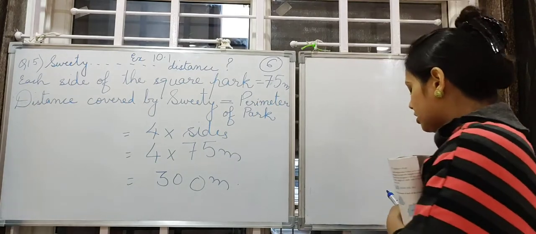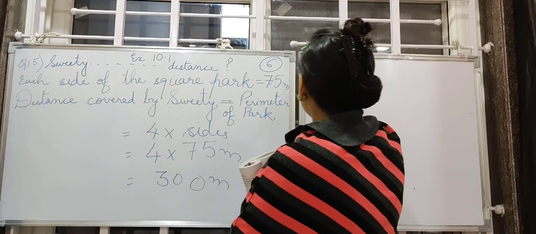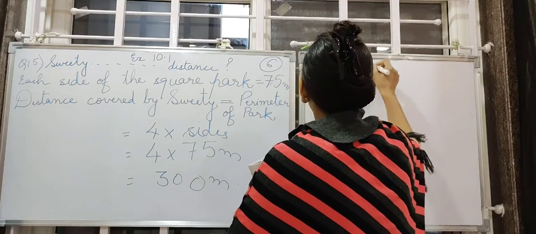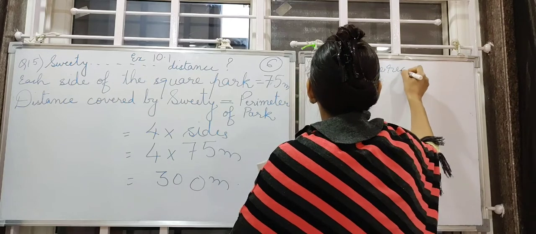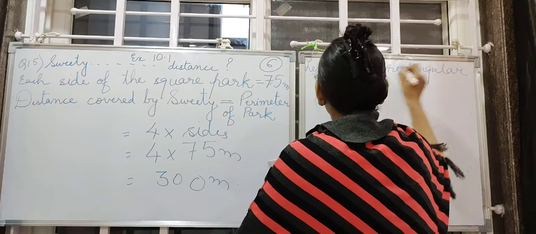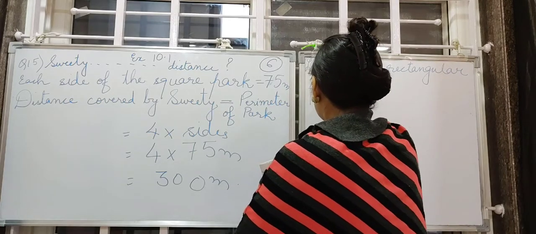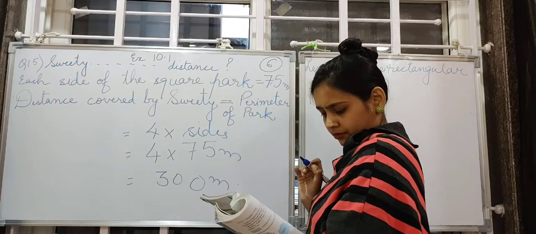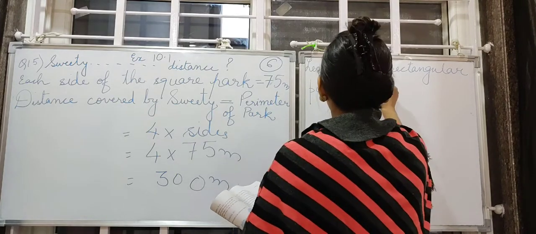Now we are going to write the length and breadth of the rectangular park. So we will write the first thing, length of the rectangular park. How much? 60.